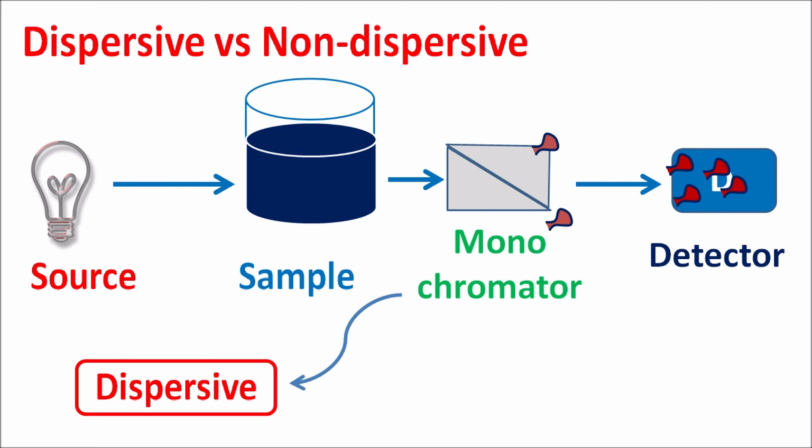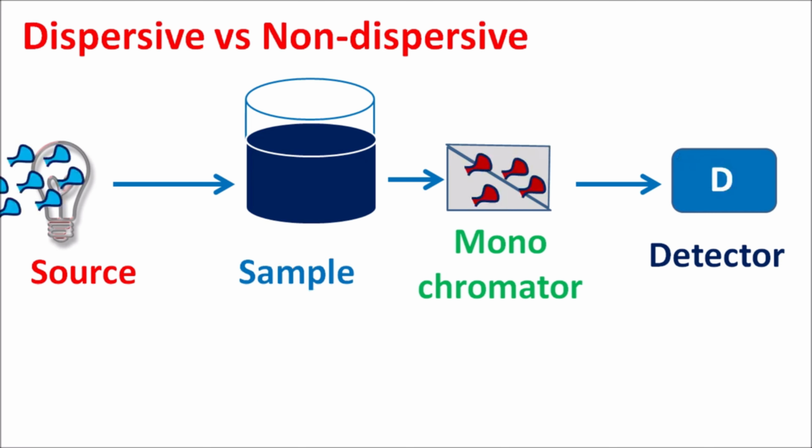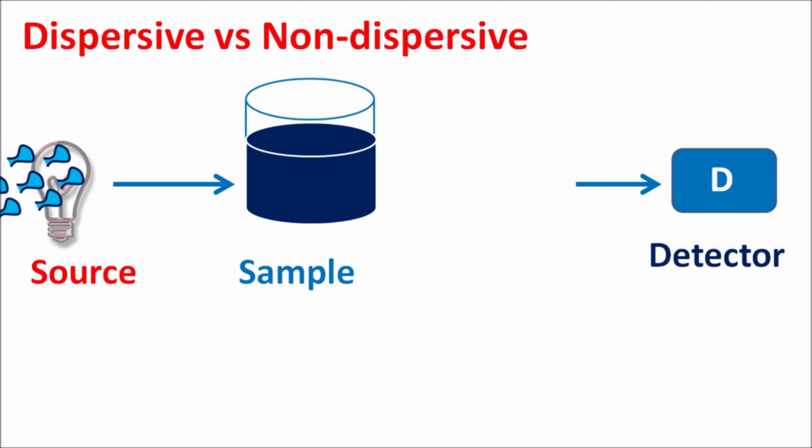Since IR radiation is less energetic radiation, this monochromator is placed after the sample in order to reduce the energy loss. But still, in the dispersive IR spectrometers, we can observe the filtering of radiation, so some energy loss can be observed, which affects the signal to noise ratio. But in the non-dispersive IR spectrometers, we cannot observe this monochromator.